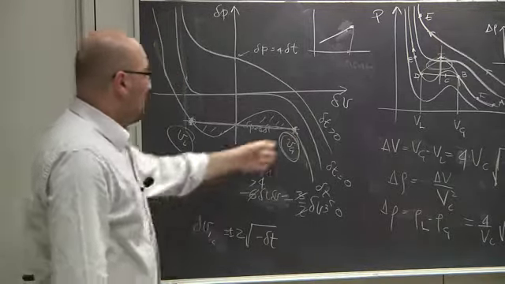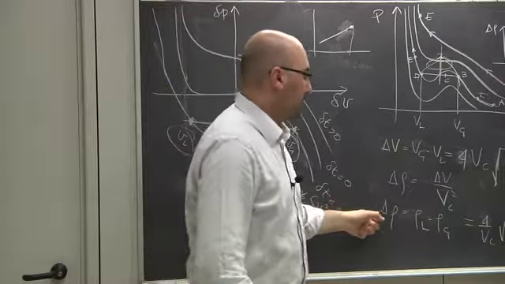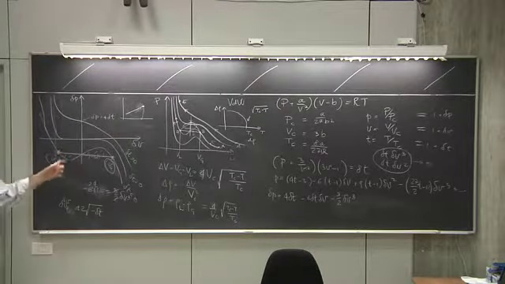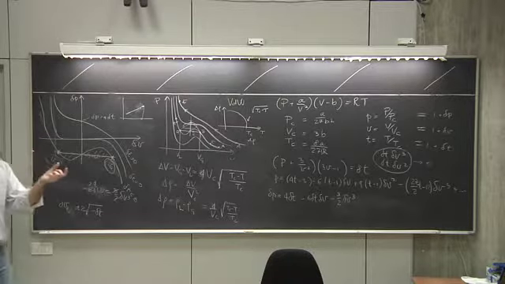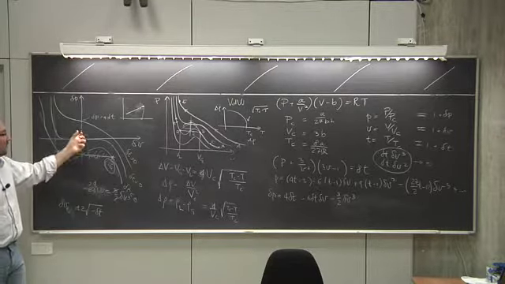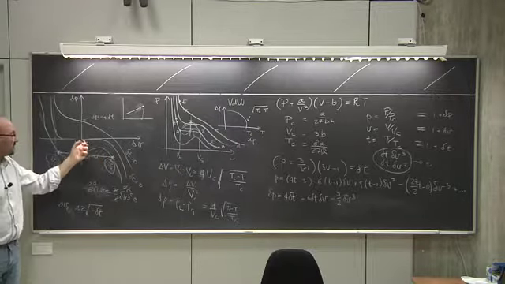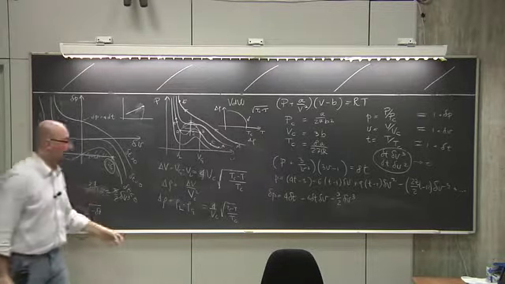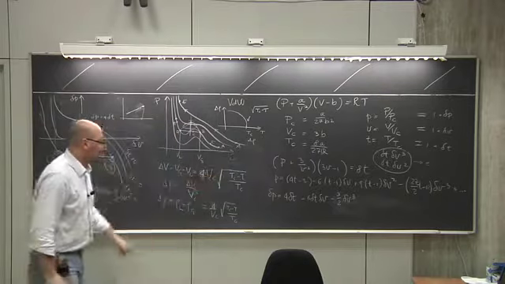Okay? We computed this distance in density as a function of the temperature. And we saw that it's a small change in density between liquid and gas when you go close to the critical point. In fact, it vanishes exactly at the critical point. This is equal to 0 when T is equal to Tc.